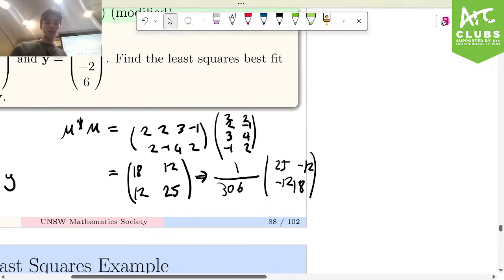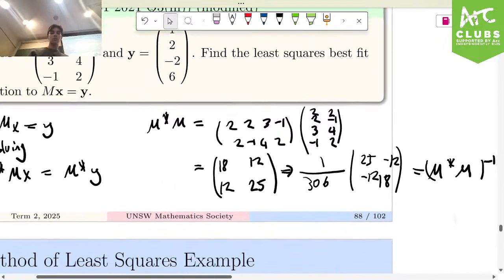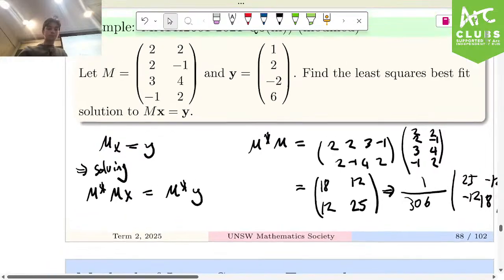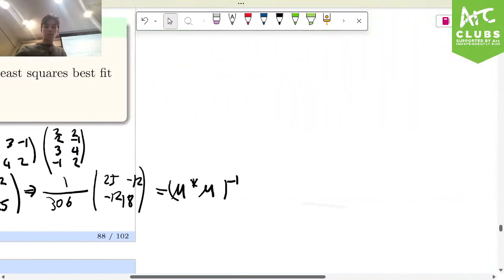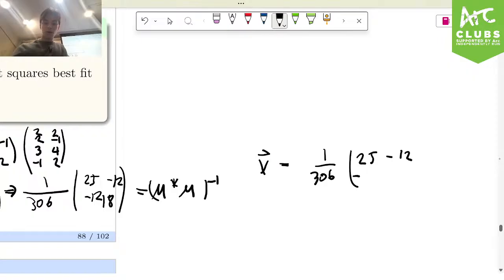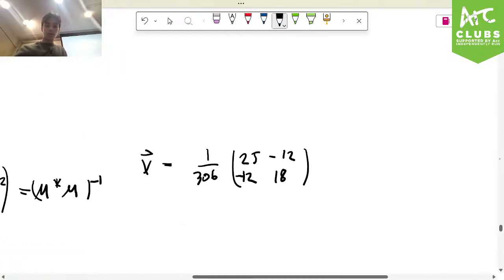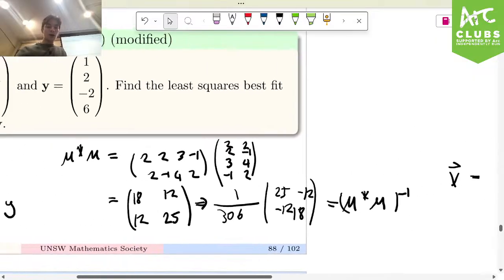This implies that the inverse of M star M is whatever we calculated here. So our solution x is going to be 1 on 306, 25 minus 12 minus 12, 18 times M star, right?